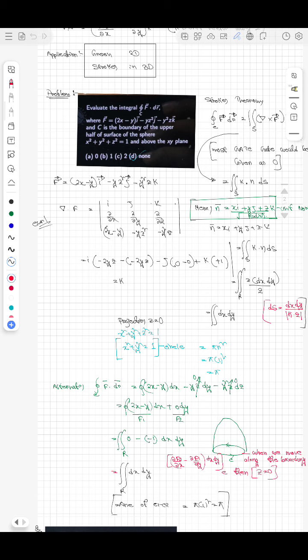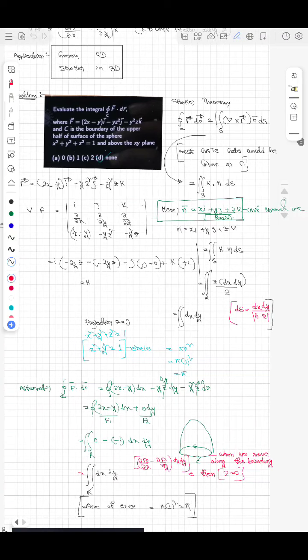So F bar equals the equation given, then we are taking the curl of the vector. That curl is del cross F, given as the determinant with i, j, k, and we're taking the differential values, which comes out as k.